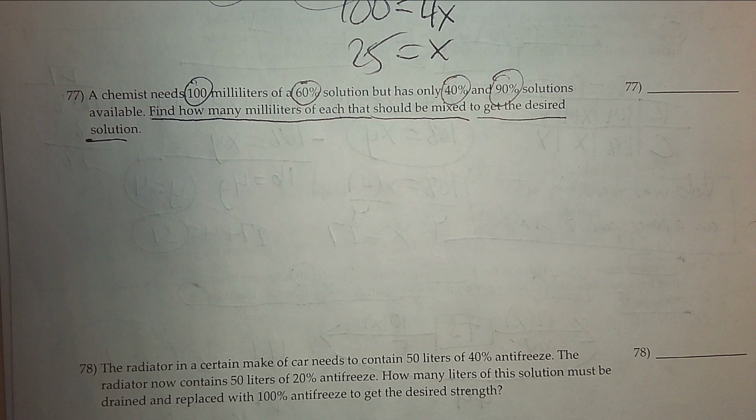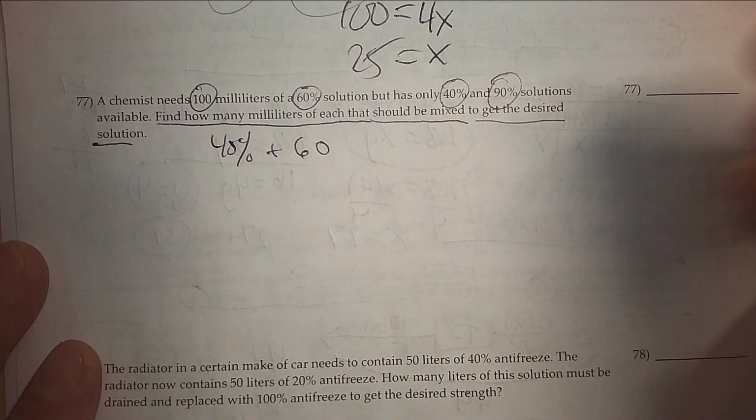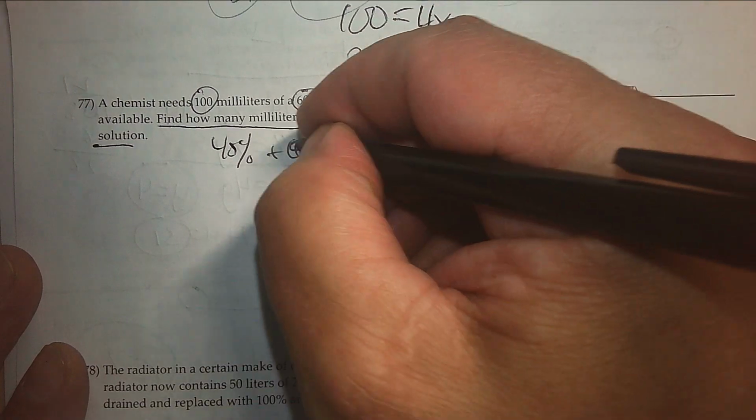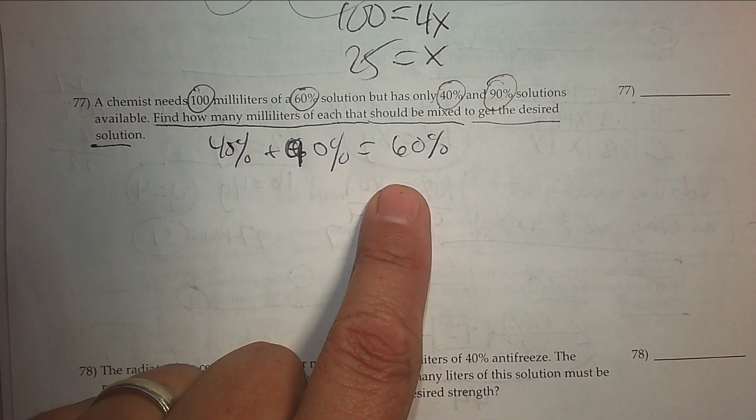What is being mixed? So we're mixing a 40% with a 90% to get a 60%, is that right?